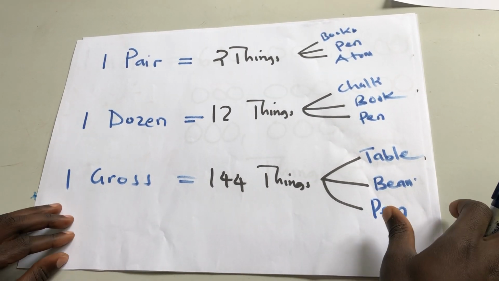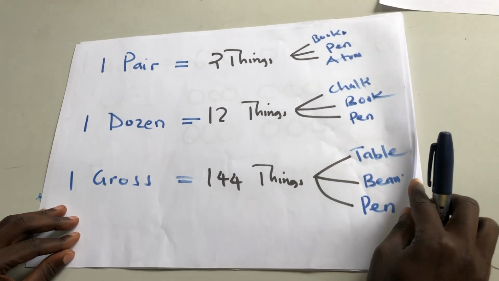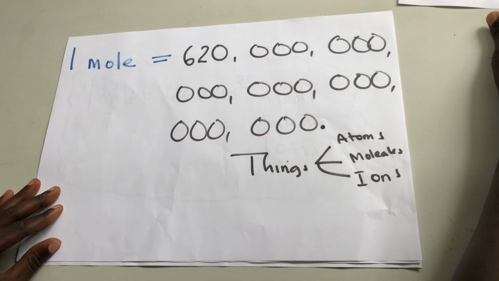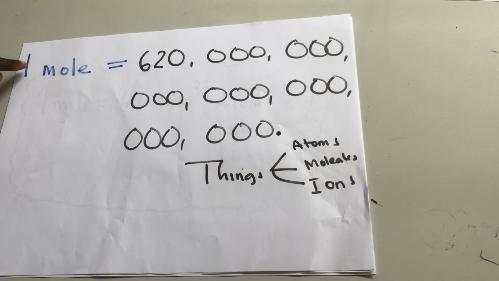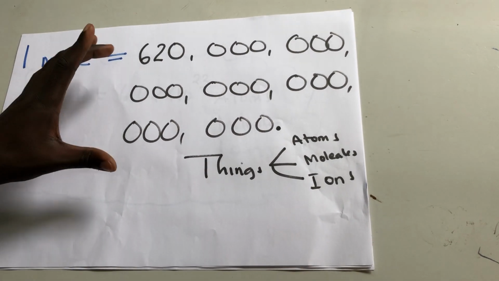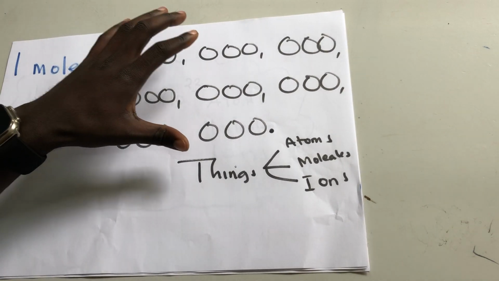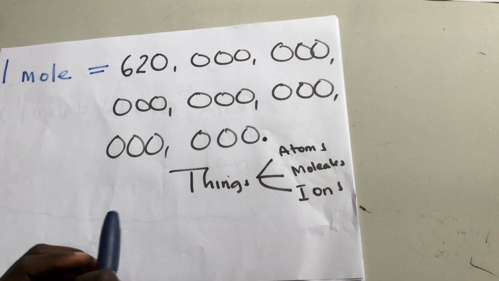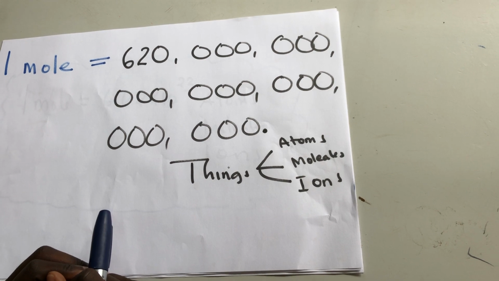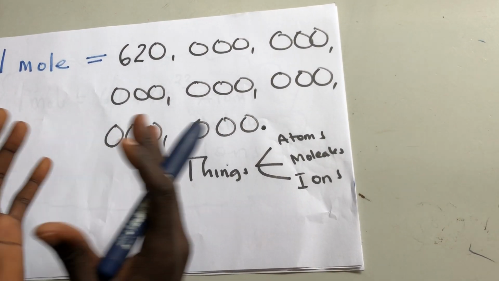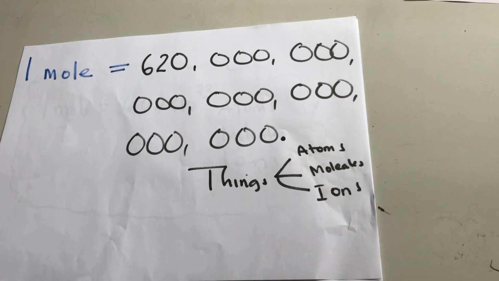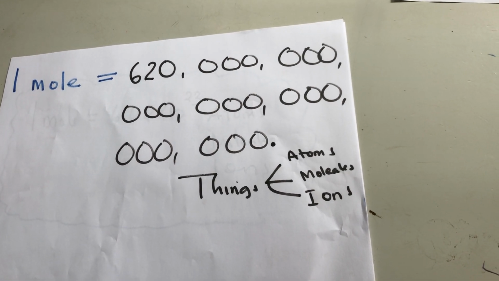So mole is a special name that used to represent certain number of things. So kwa mfano, ukisema one mole ina represent idadi ifuatayo, certain number of things. So ni number ambayo ukiangalia it is very big, but we can summarize this number by using scientific notation.